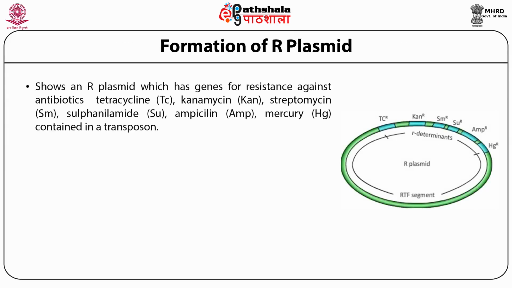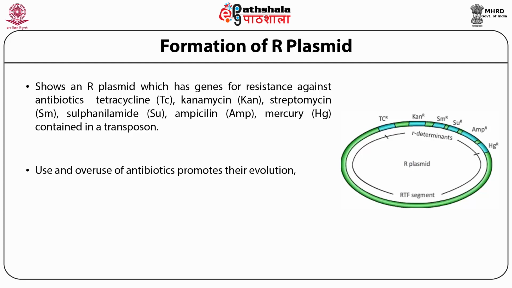Shows the formation of R plasmid, that is an R plasmid which has genes for resistance against antibiotics, tetracycline, kanamycin, streptomycin and sulfanilamide, ampicillin, mercury, contained in a transposon.